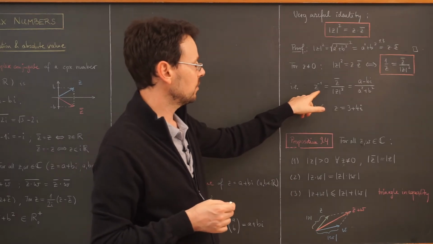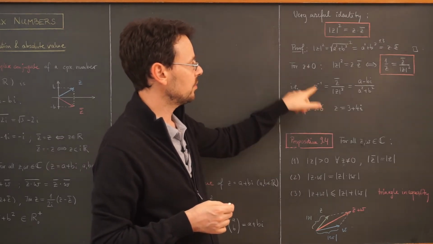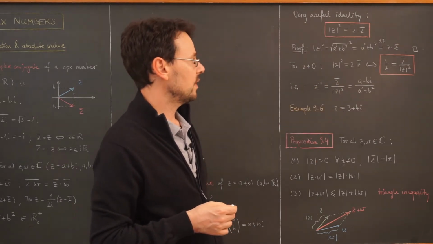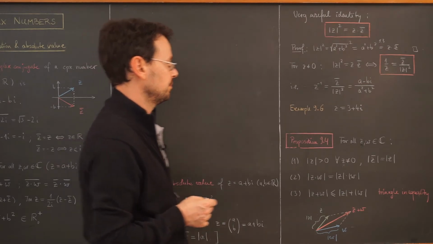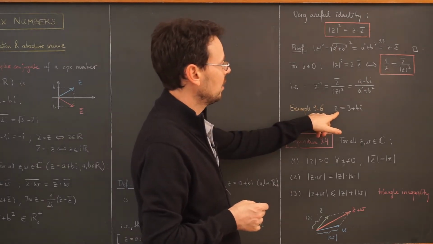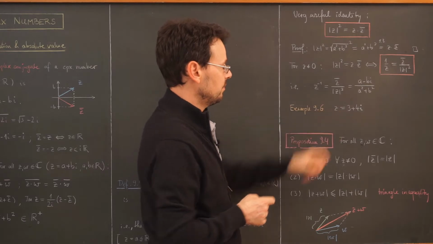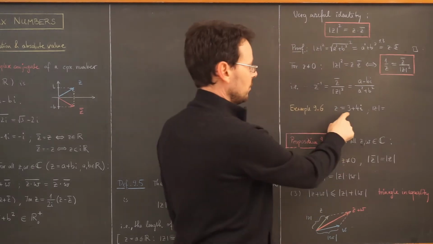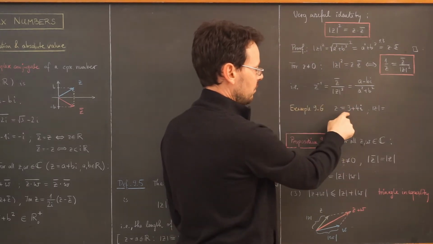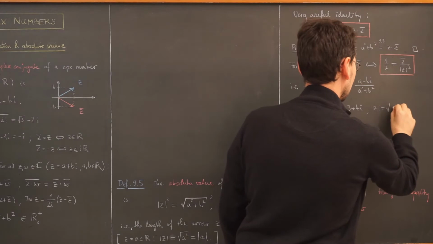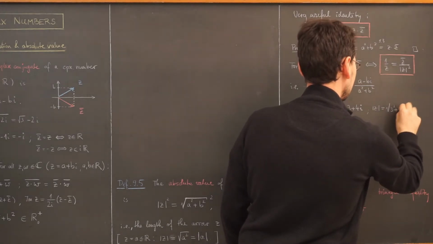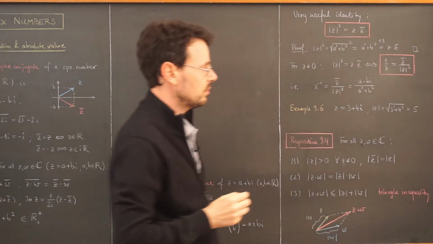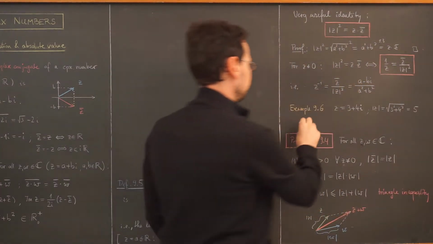So you should note that the inverse of a complex number not 0 is its conjugate divided by the absolute value squared. So if I want to take the inverse of this number, I need the absolute value, which is the square root of 3 squared plus 4 squared, which is the square root of 25, so 5.